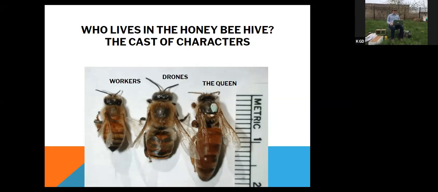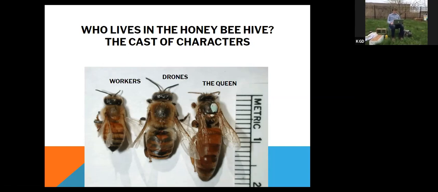Okay, so here are the main cast of characters that are living inside of a hive. Workers on the left, they are actually the smallest of the three, even though they do the majority of the work of the hive. Those are the females. Drones in the center, notice the big eyes, and they're kind of chubby.